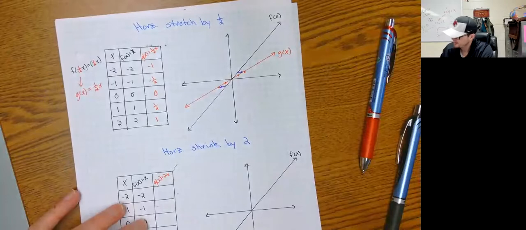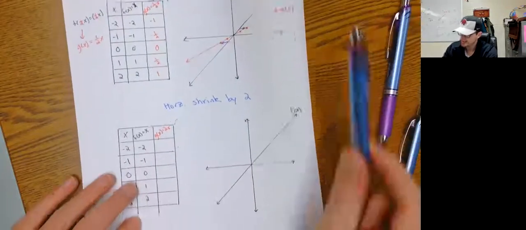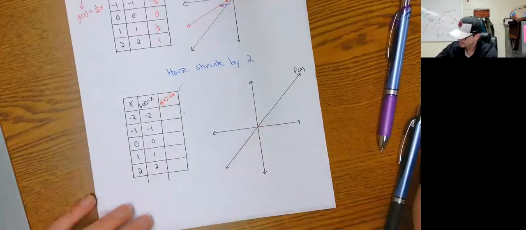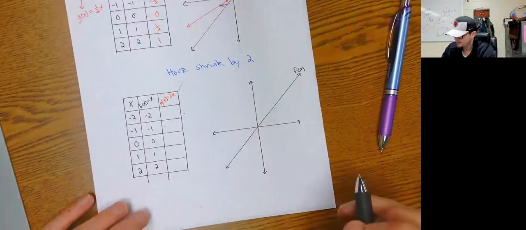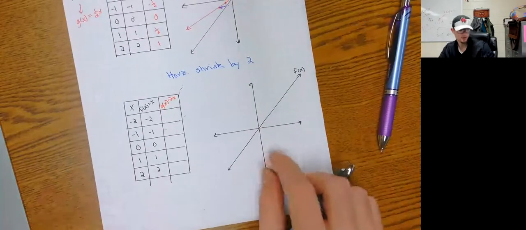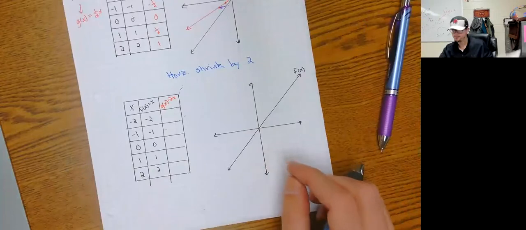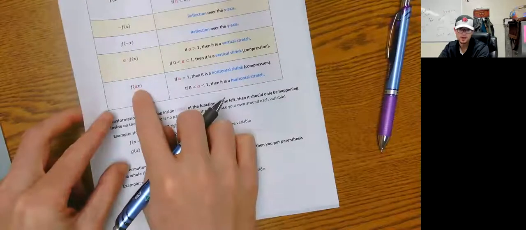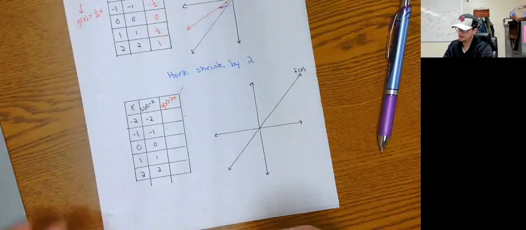Moving on. Let's go to the next one. Last one. Okay, horizontal shrink by 2. That is happening on the inside still. So what do we got here?